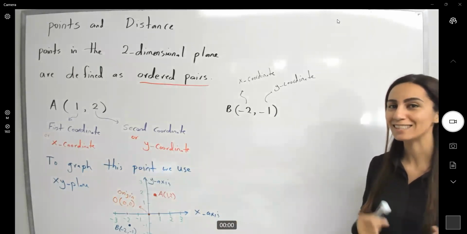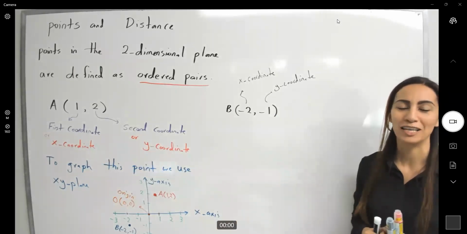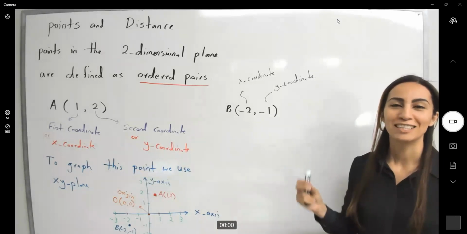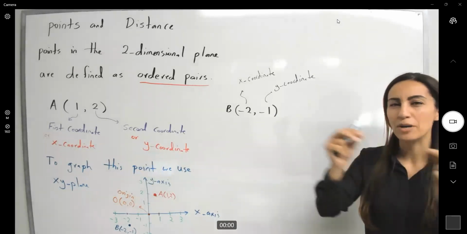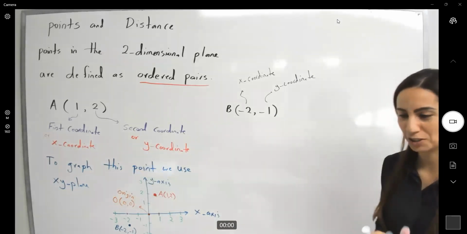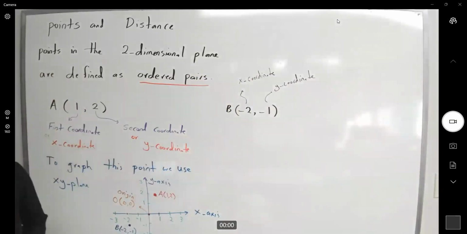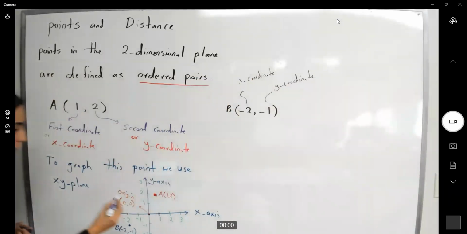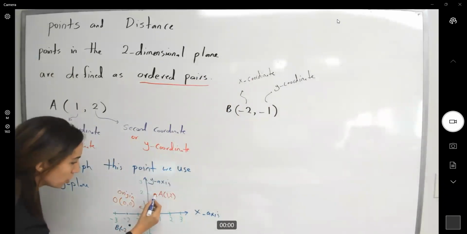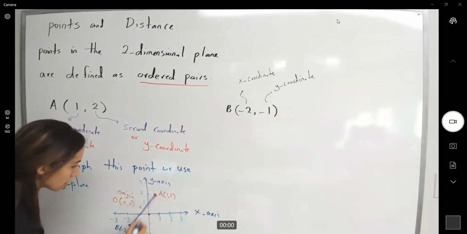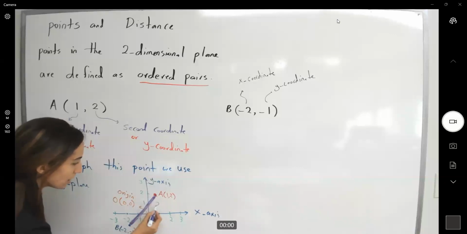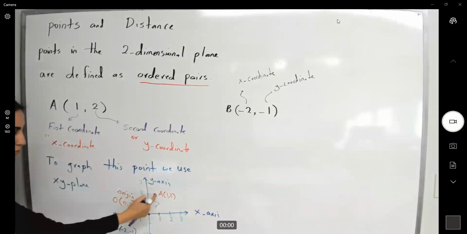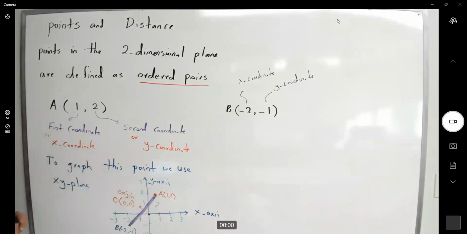Let us now make it a little bit fun. Let us find the distance, the measurement between these 2 points. If I connect these 2 points together, what is the distance? How do I measure the distance? What is the length between A and B?